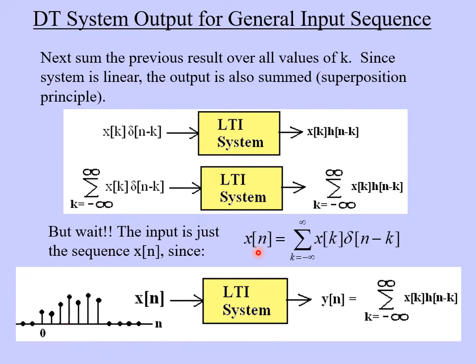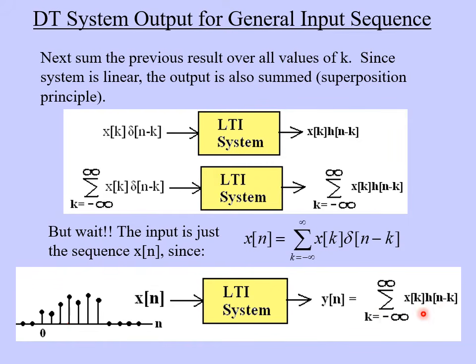So what this means is that if we take any sequence x of n as our input sequence, it can be anything, we know the output is given by this expression, because remember, all of the summation on the left is just x of n. This is what we're looking for. This is the output of the system, our output sequence y of n, and it's given by the sum over all k of x of k times h of n minus k.